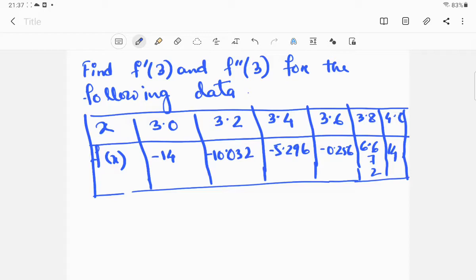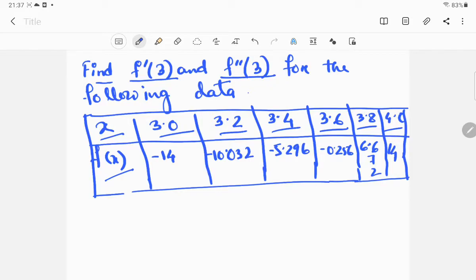So here you can see that the question is you need to find f dash 3, means first order derivative and then second order derivative for the following data. So we have x and fx given, and the value table is as shown. We have the values 3.0, 3.2, 3.4, 3.6, 3.8, 4.0.